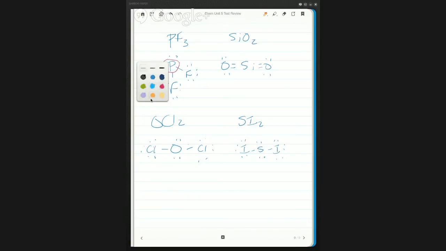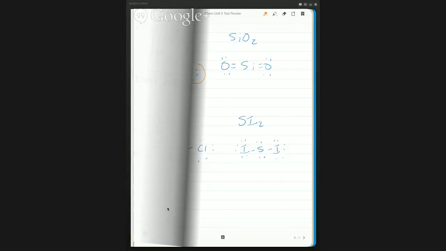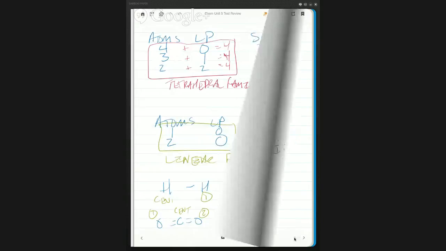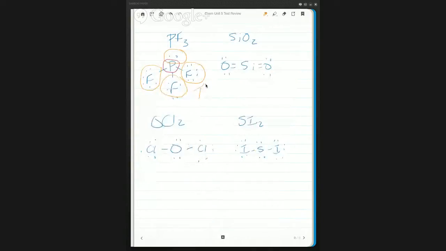Well, you would say, I see 1 thing, 2 things, 3 things, 4 things. And of those 4 things, 3 are atoms, 1 is a lone pair. 3 atoms, 1 lone pair, 4 things, trigonal pyramidal.